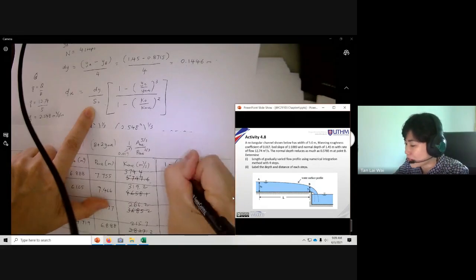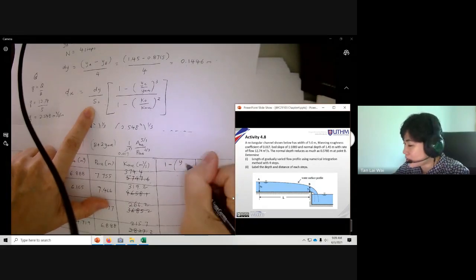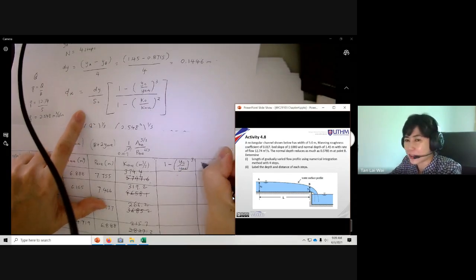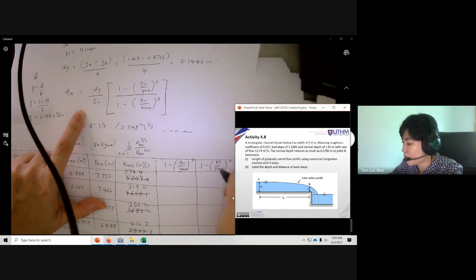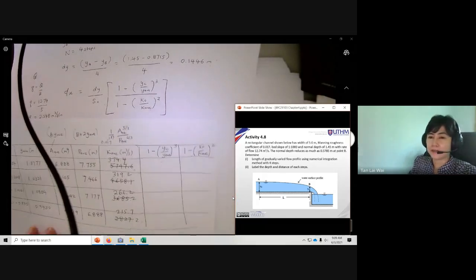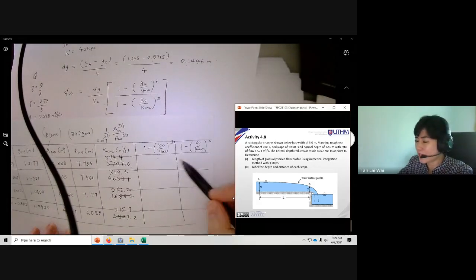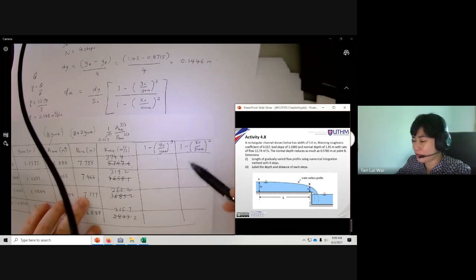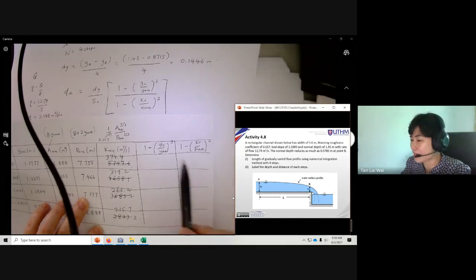Or you can calculate yc over y average to the power of 3, and then the next step, calculate 1 minus k naught over k average squared. If you want to do it step by step, just calculate this.